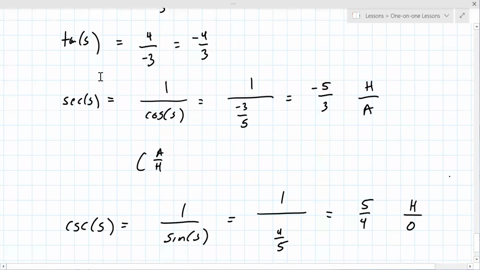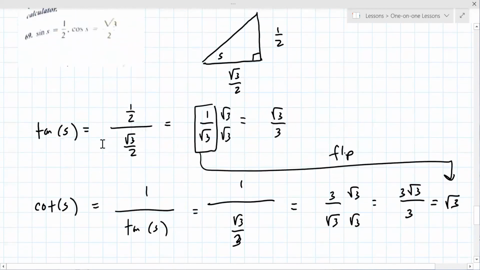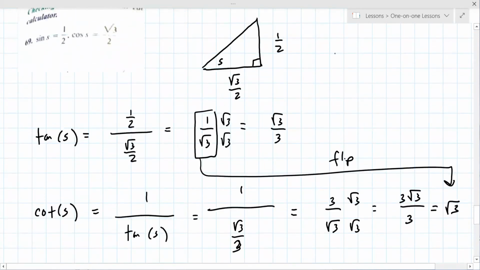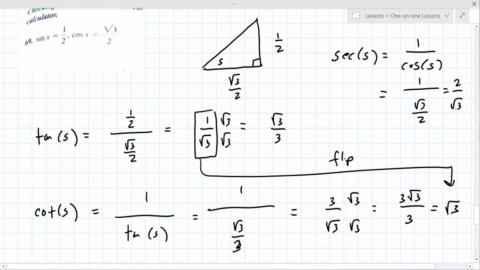We actually didn't do everything for 69. I wasn't paying attention here. We have more to do for this one. We should have done secant s, which is 1 over cosine of s. Cosine is square root 3 over 2, so it's 2 over square root of 3, and that becomes 2 square root 3 over 3.